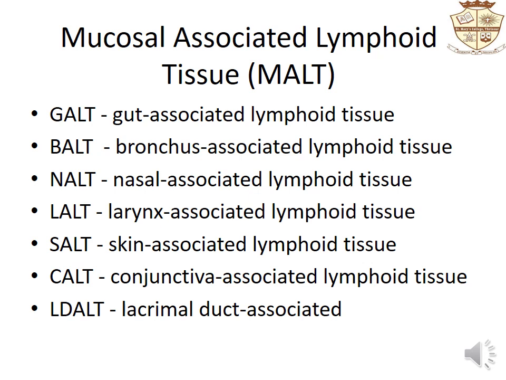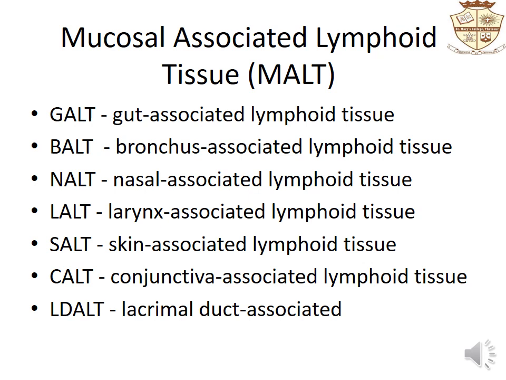So these tissues may vary in their organization. They may be either barely or loosely organized clusters, or there may be well organized structures. Examples for loose or barely organized clusters are the lymphoid cells in the lamina propria of intestinal villi, which is an example of GALT.